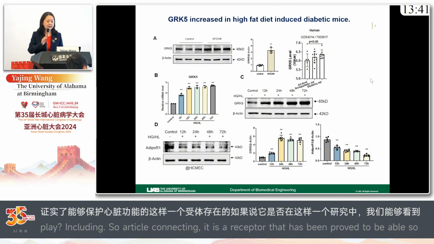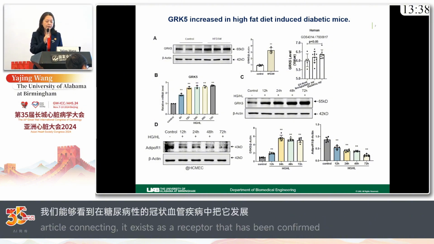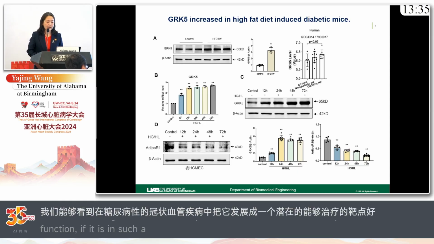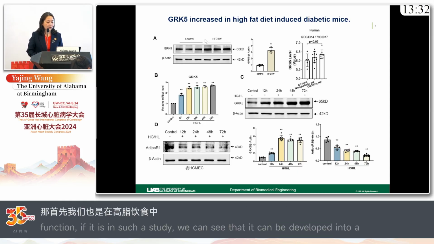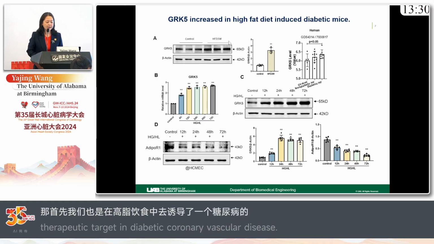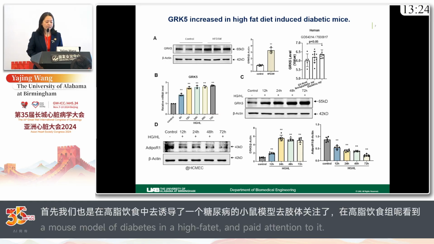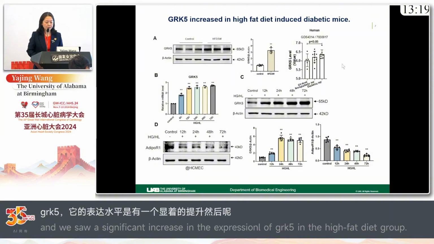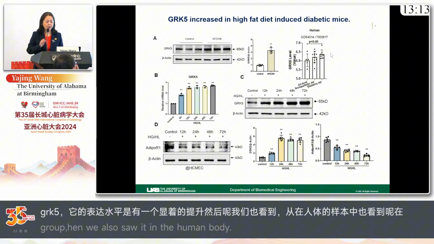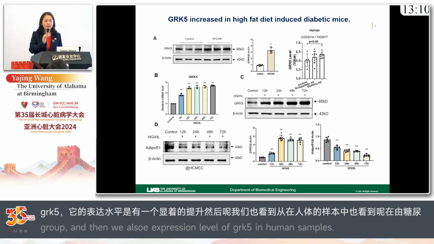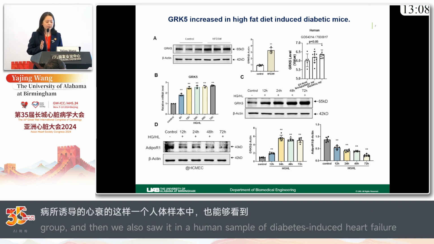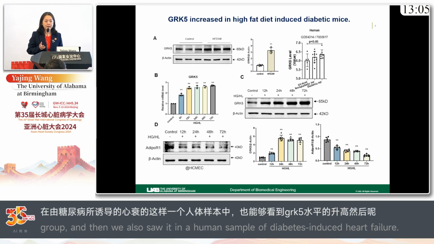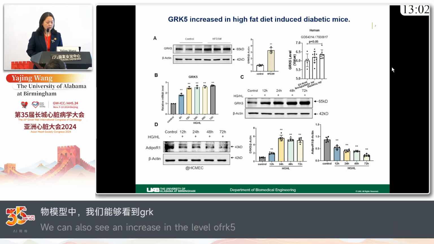We investigated what GRK5 does in high-fat diet-induced diabetic animal models, and found that after 3 weeks of high-fat diet, GRK5 expression was markedly increased. Reflecting the human samples, diabetic-induced heart failure also shows increased GRK5. Validated by the human data and animal models, we believe GRK5 is a good point to continue our research.